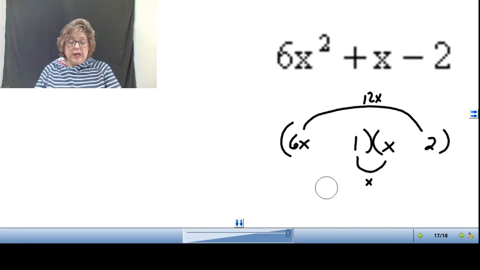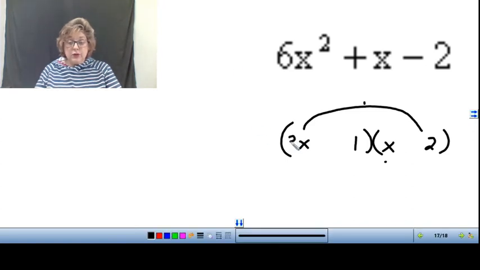So I'm going to change one of them, okay? And this is just sort of a guessing game. The more you do, the better you get at this, I can tell you. Let's make this 3 and 2, because 3 times 2 is still 6. So I know 3x times 2x is still 6x.